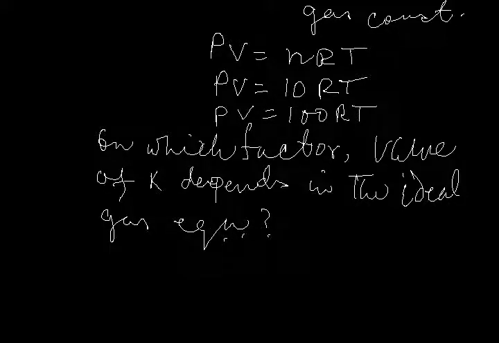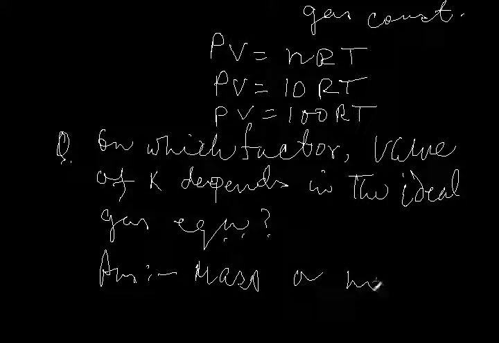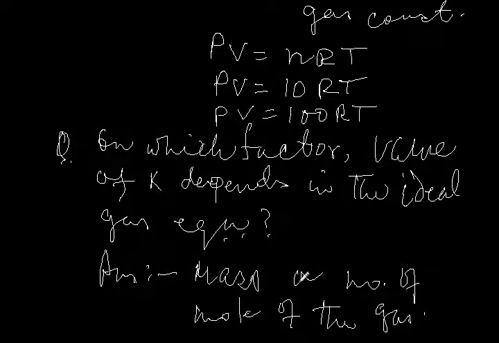This is the question. What is the answer? Mass of the gas or number of mole of the gas? The answer is the mass, or number of mole, of the gas. Note it or write it down.